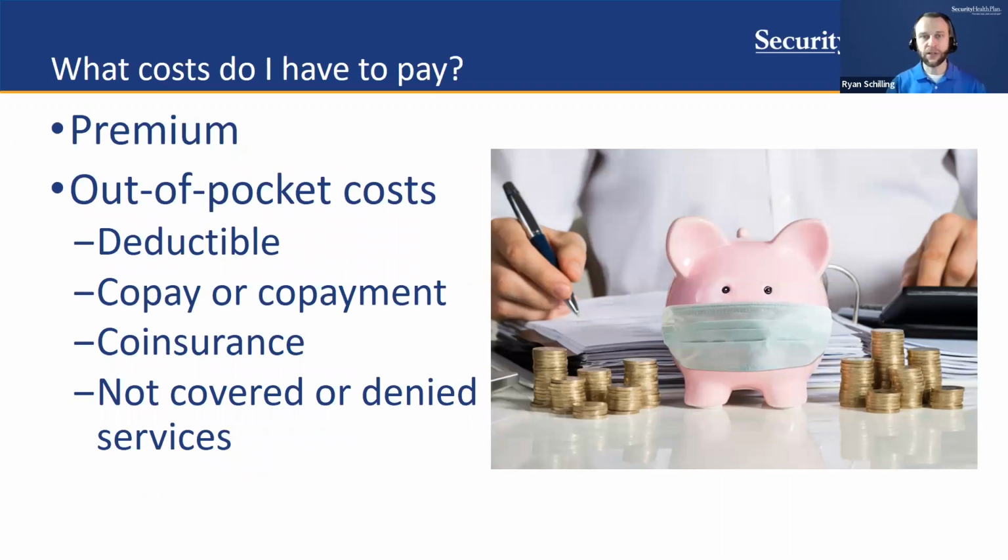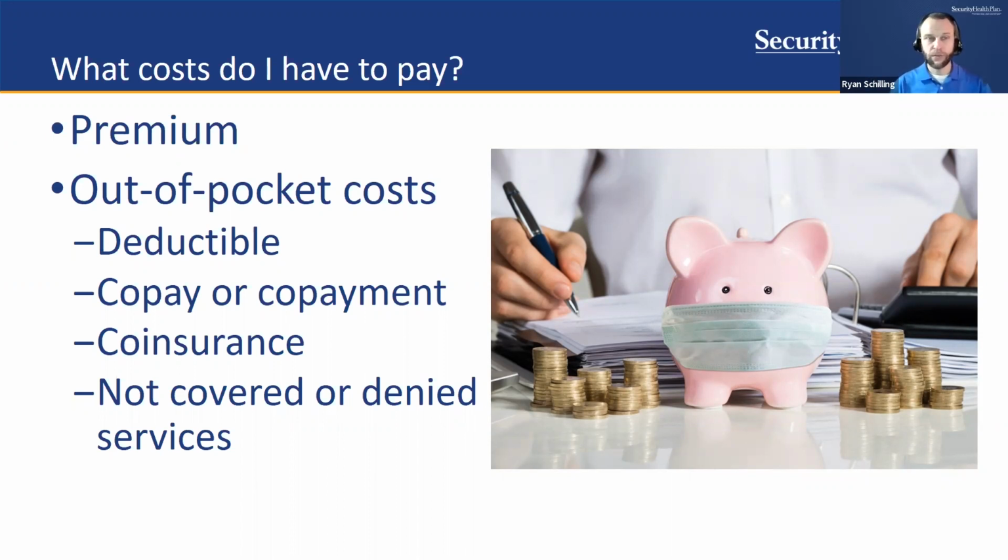So what types of costs are associated with health insurance? Well, there's two main categories of cost. One is premium, and one is out-of-pocket costs. And these kind of balance out. Like if you think of scales, usually if you have a lower monthly premium, you have higher out-of-pocket costs. Or if you have a higher monthly premium, then you have lower out-of-pocket costs.